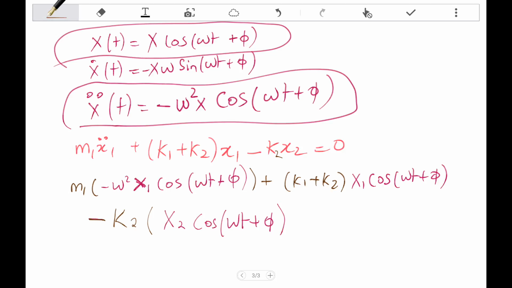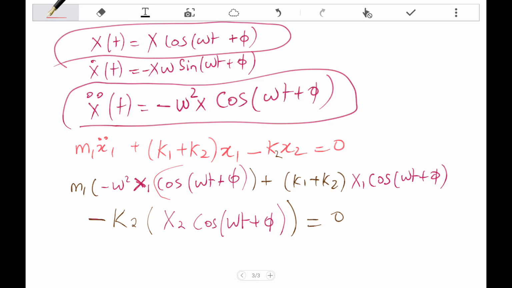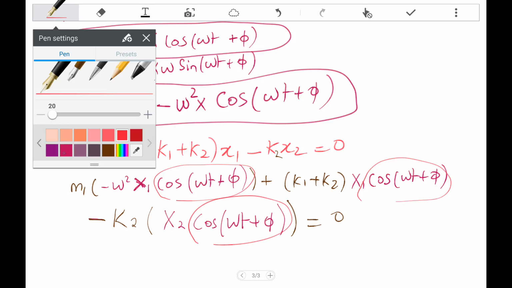Now we can solve this equation. Basically this term right here is common. So I'm going to take that out of the equation, and we'll end up with a clean equation.